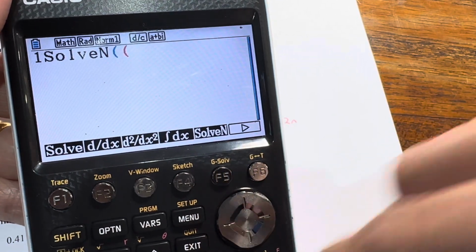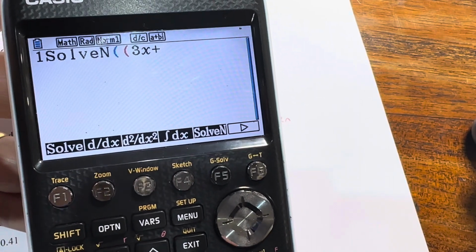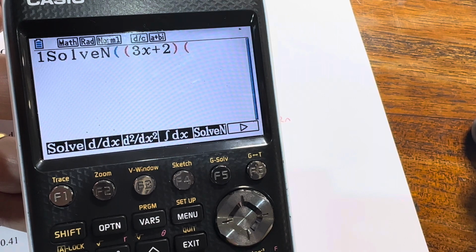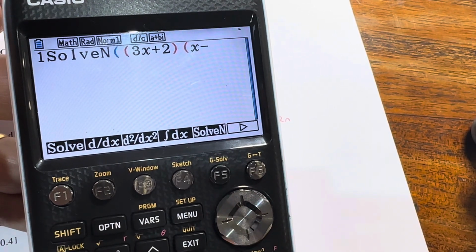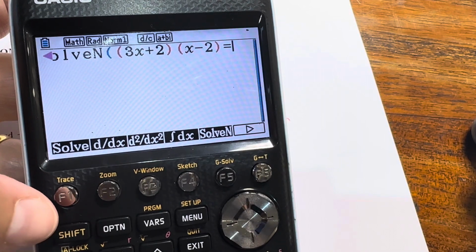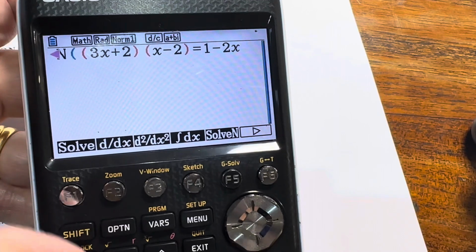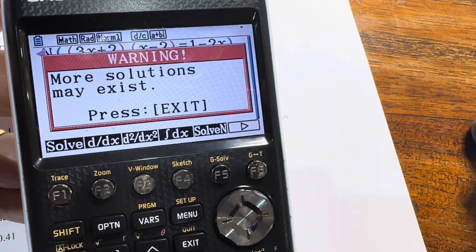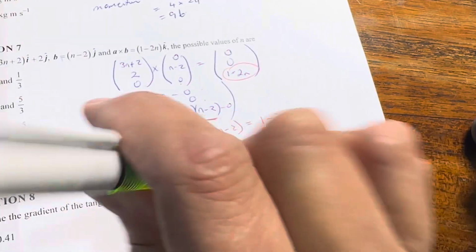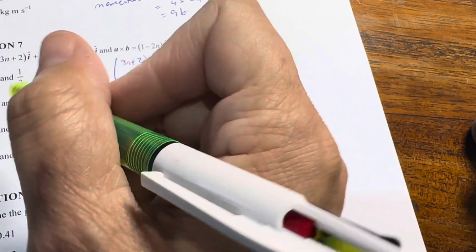In our brackets we've got 3x plus 2, close brackets, open brackets, x minus 2, close brackets, equals 1 take 2x, close my brackets, execute, and it gives me, you can see that, gives me -1 and 5/3.